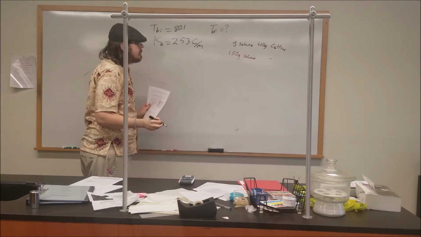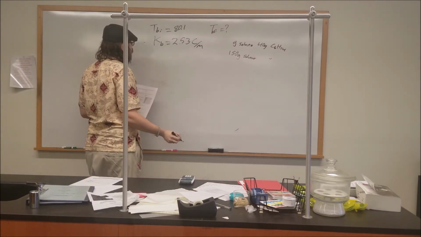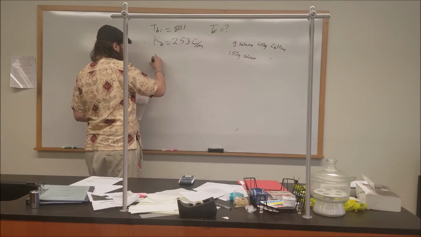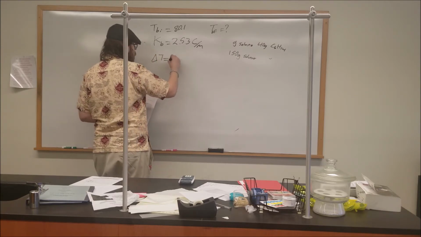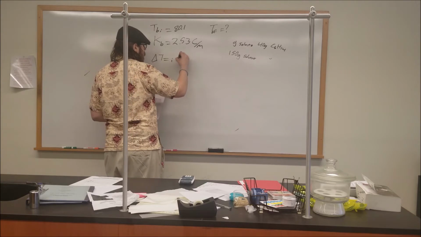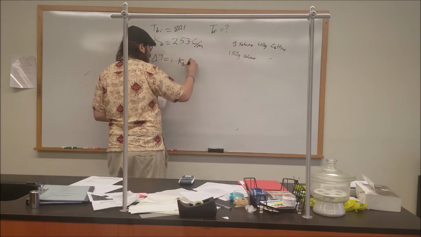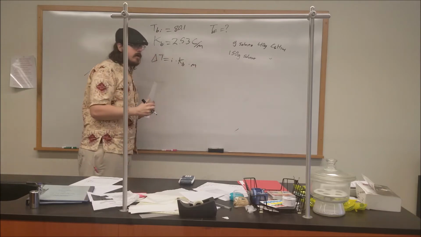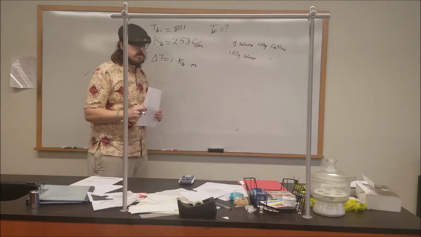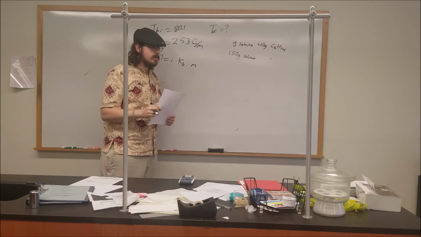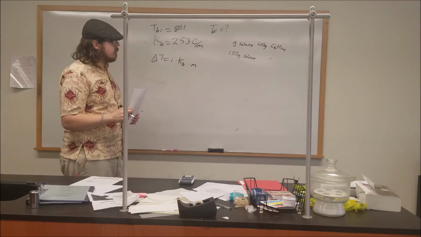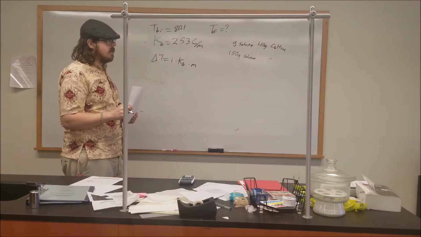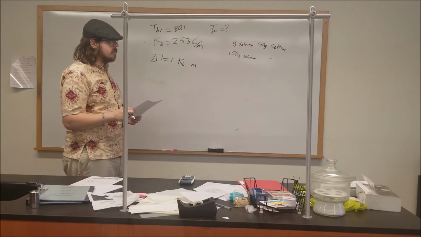Now, the equation for this has to do with delta T equals i K_b molal. i is our van 't Hoff factor, which is a calculation of the degree of ionization, how many electrolytes form in solution.